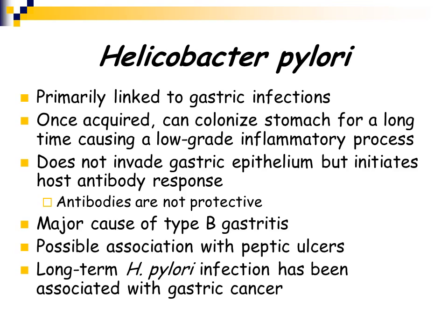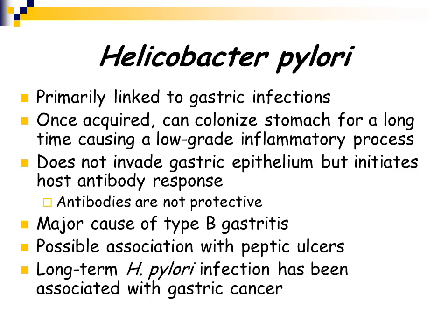So antibodies are not protective. Even if you were treated and you got rid of your Helicobacter pylori, you can get it again. It's the major cause of type B gastritis. There has been an association with peptic ulcers, although there are many people who have peptic ulcers that do not have Helicobacter pylori.